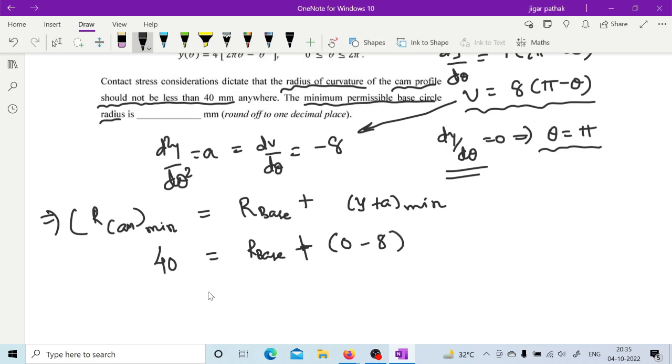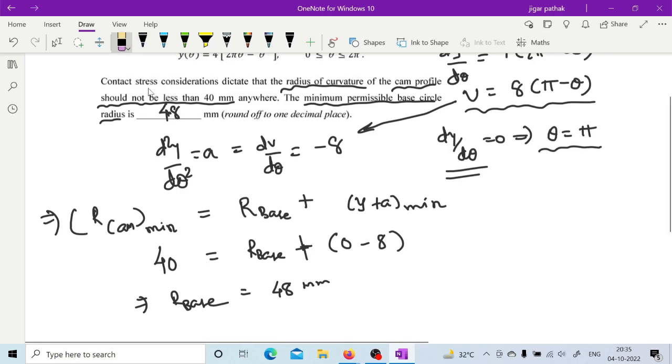If you simplify further, then r base will be equal to 48. So your answer will be 48 mm. This is how you can solve a question on this cam.